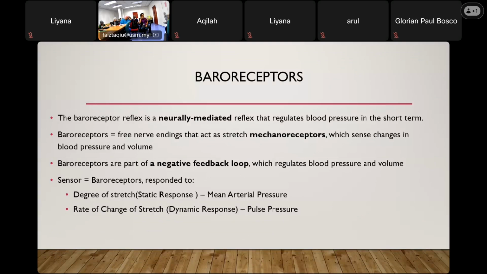The answer we get is a decrease in volume. Stretch. If I increase volume, the baroreceptor gets activated. But what are we looking for? We're looking for arterial pressure and pulse pressure reduction.